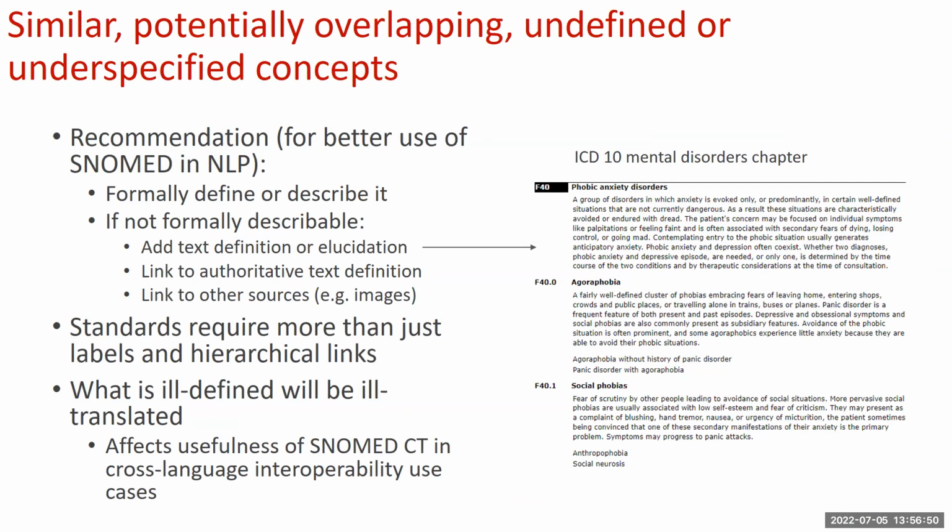So I would dare to issue certain recommendations regarding these SNOMED concepts with overlapping meaning or just underspecification. This is really for the better use of SNOMED in NLP, and it is especially important for NLP because NLP means annotating resources with SNOMED concepts, by humans and finally by machines.